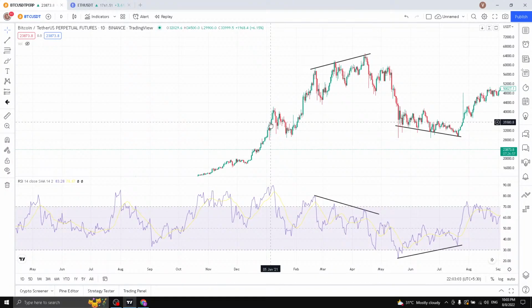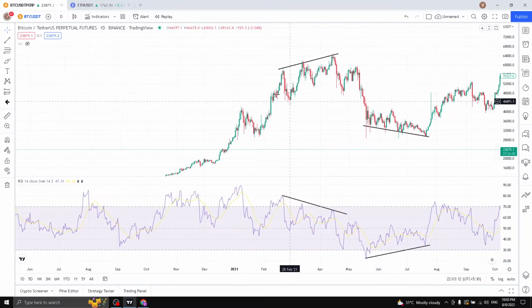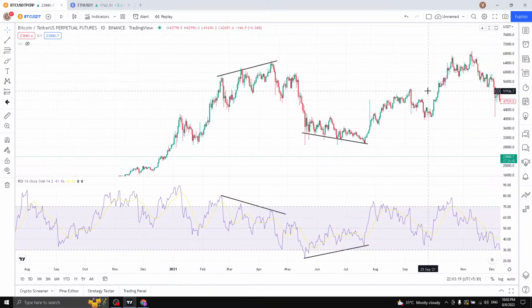There are two types of divergences, bearish and bullish, and there are also hidden divergences. Divergences are used to either find reversals, which is bullish or bearish, or to find trend continuations, again bullish or bearish.